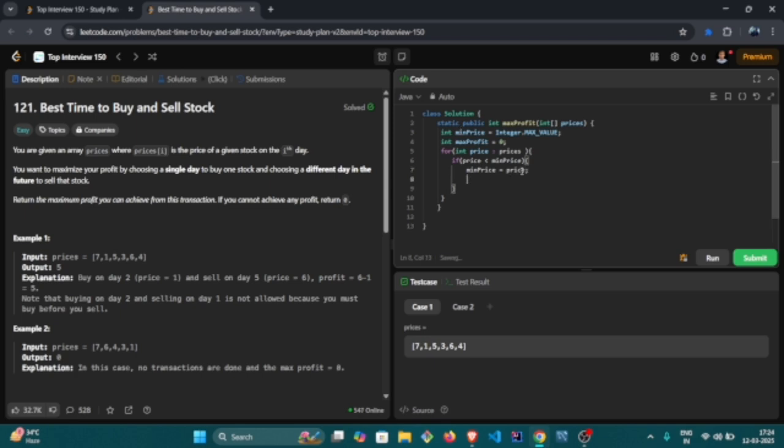When the whole array gives the minimum price, then for getting the maximum profit we will do price minus minimum price.